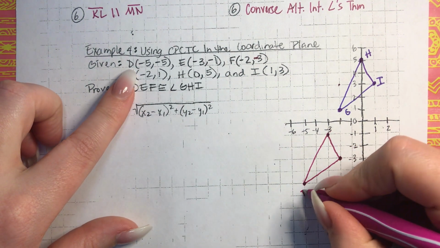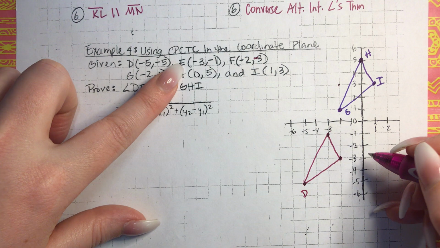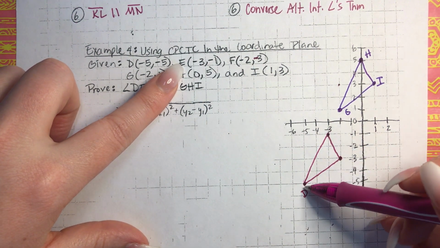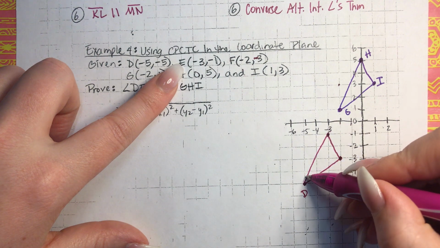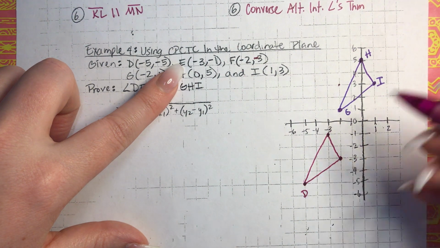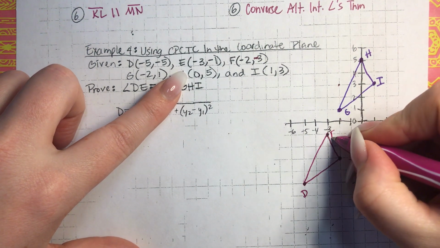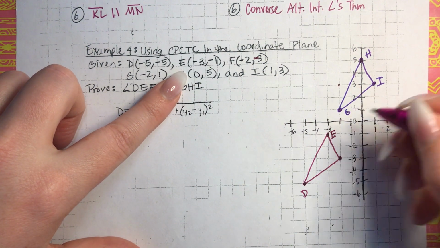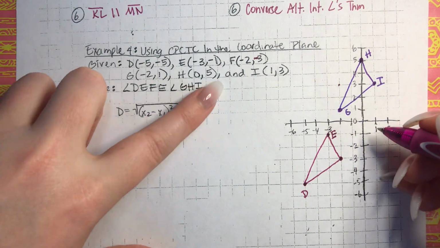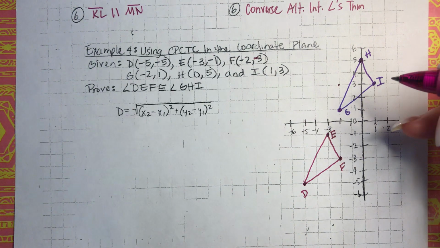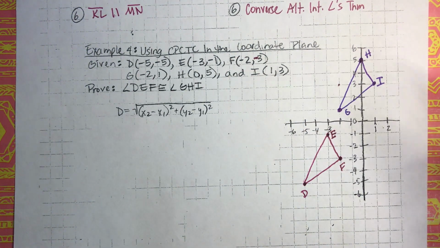This is D, this is E. I always like to do the points and make the triangles before I do the letters, because sometimes the letters end up right on the line. So that's what I do, just to make sure I can write the letters in a spot that isn't where the triangle is. And this is F. So make sure you make that a little adjustment, make that negative. I messed up on that.